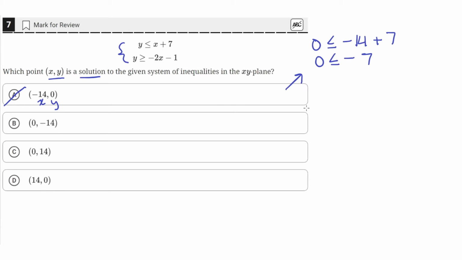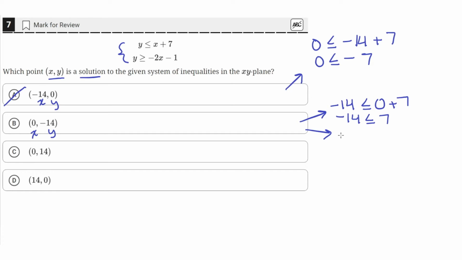So let's try answer choice B, which says that x is 0 and that y is negative 14. So for the first equation, answer choice B says that negative 14 is less than or equal to 0 plus 7, which is true. Negative 14 is less than or equal to 7. But now let's plug answer choice B into the second equation.